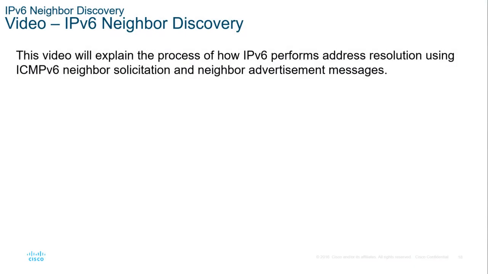This video will explain the process of how IPv6 performs address resolution using ICMP version 6 neighbor solicitation and then neighbor advertisement. The solicitation is like a request, because previously we saw ARP, which is for IPv4, a request and then an ARP reply.